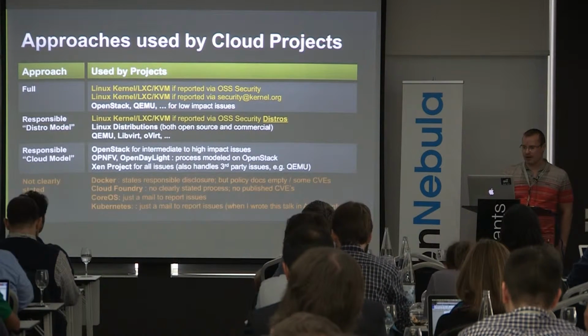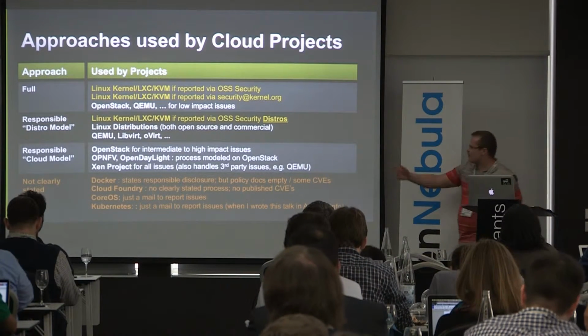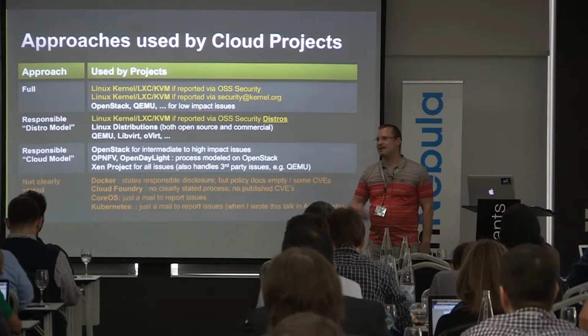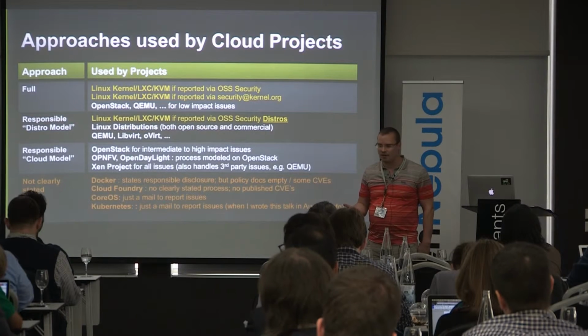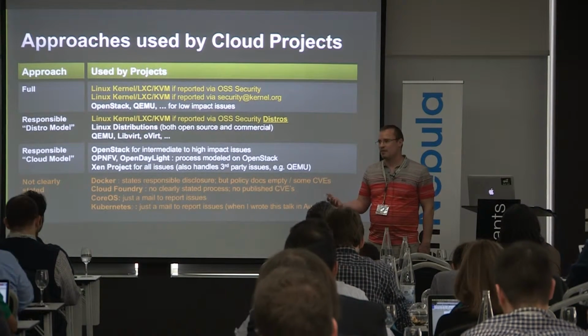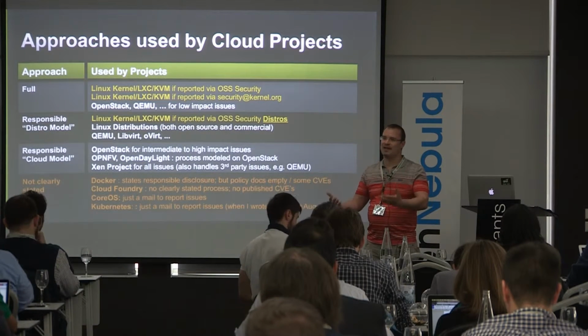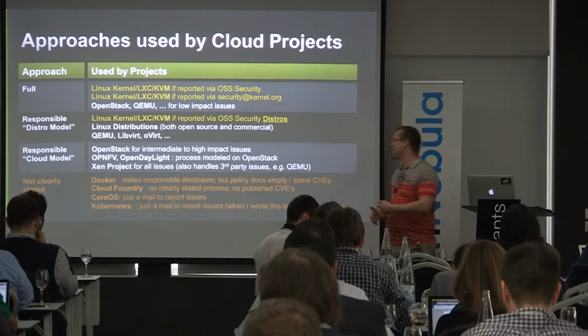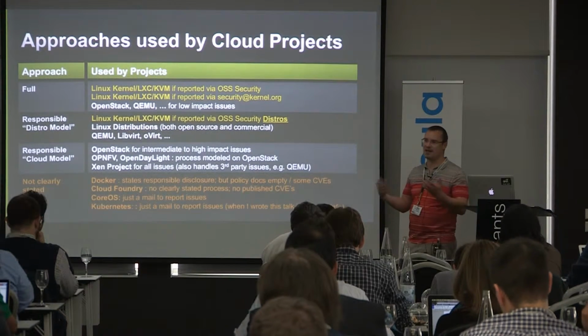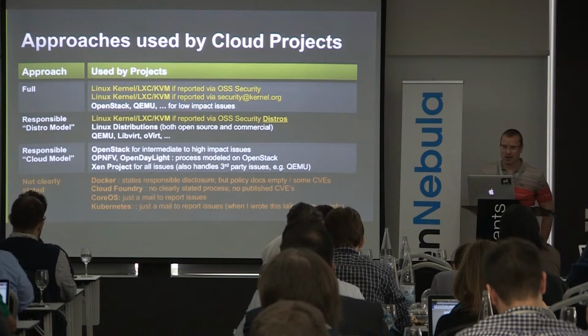And then comes the really boring part, which is why I put them in orange. A lot of projects actually don't have a clearly stated process. For example, Docker states they follow responsible disclosure, but if you try to dig into it, you can't find any information. And the same is true for Cloud Foundry, CoreOS, Kubernetes, and many of these other projects.